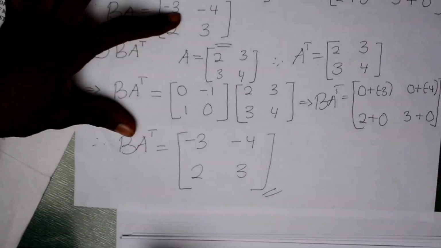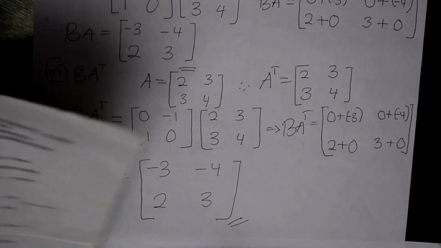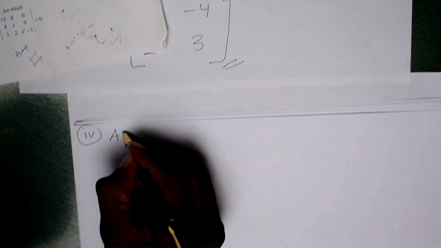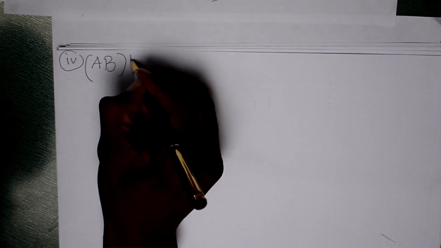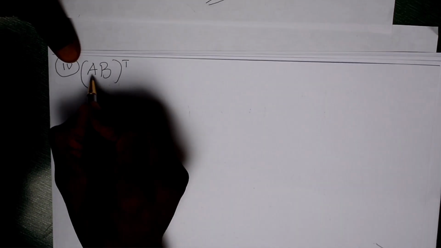So now the last question says we are to compute AB all transpose. So first we have to find matrix AB.